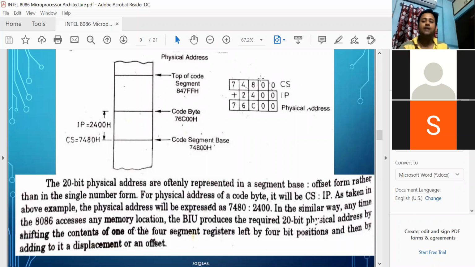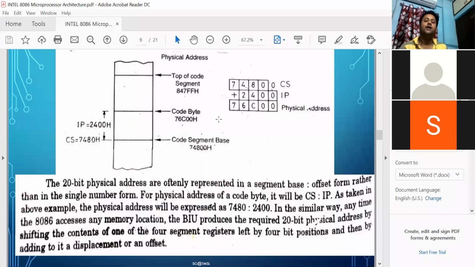So code segment into 10 means 7480 was my base address. Using the multiplication of 10 in hexadecimal number system, it will be 74800, and offset will be added to this segment address. Now the combination of this segment address and offset address generates the real physical address, and that is the actual address.